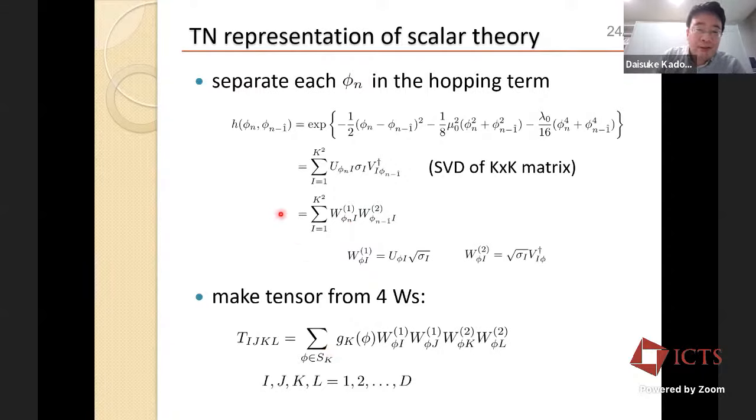Okay, so the partition function is given by a product of this hopping term, and integrating phi n, the partition function is given by a product of tensors whose indices are contracted by this summation. So the partition function of scalar field theory can be written as a tensor network, whose tensor is a rank 4, d by d by d by d tensor. Okay.